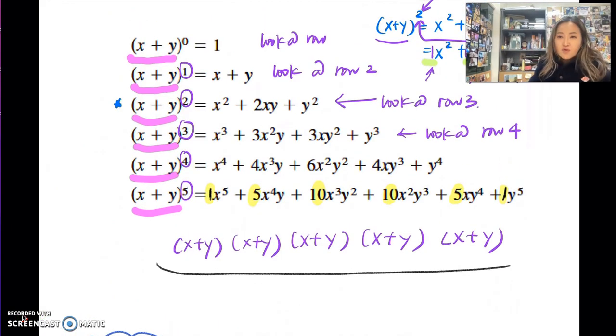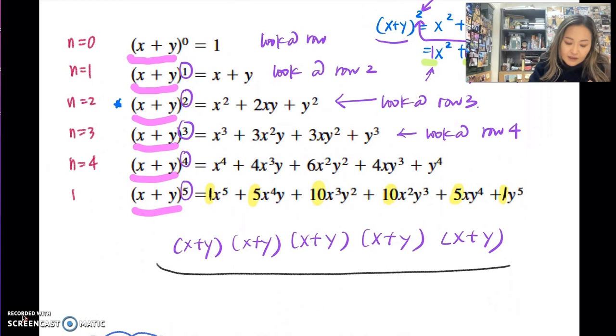Now, before we move on to the next thing, we're going to write that this is your n equals 0. Okay, the row that we're looking at. n equals 1, n equals 2, n equals 3, n equals 4, n equals 5. And this is row 1, row 2. I'll write this on the side here, row 1. I write it so ugly, sorry.